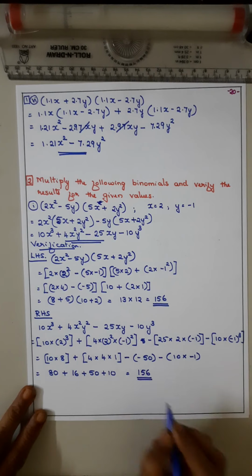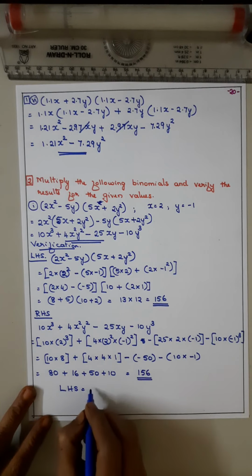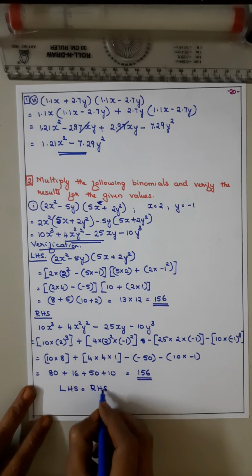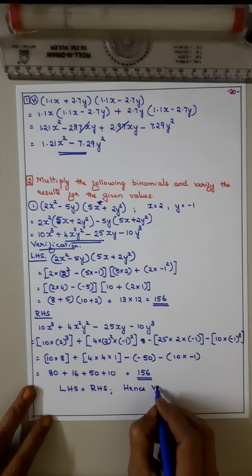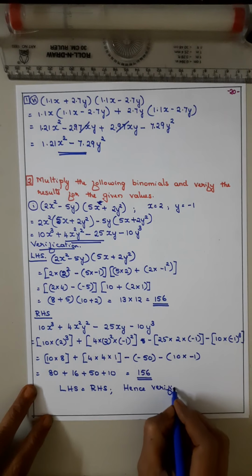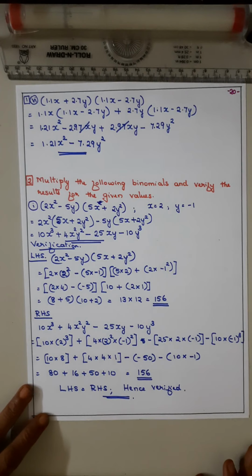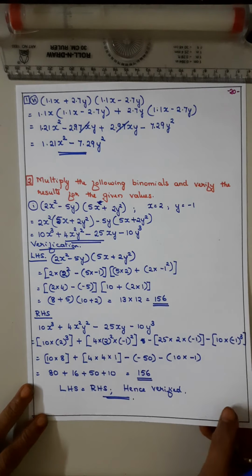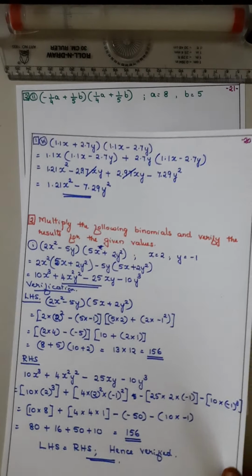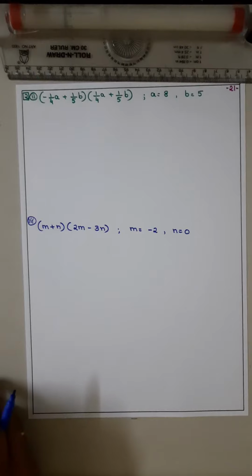So you got 156. That is LHS is equal to RHS. Hence verified. Correct? That was question number 2, subdivision 1. Now coming to the question number 2, subdivision 2.